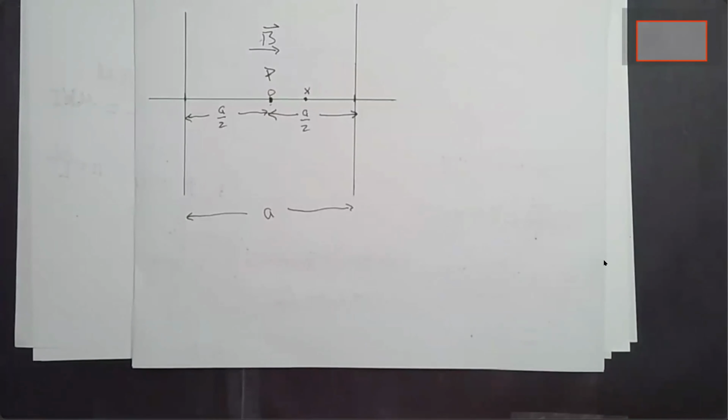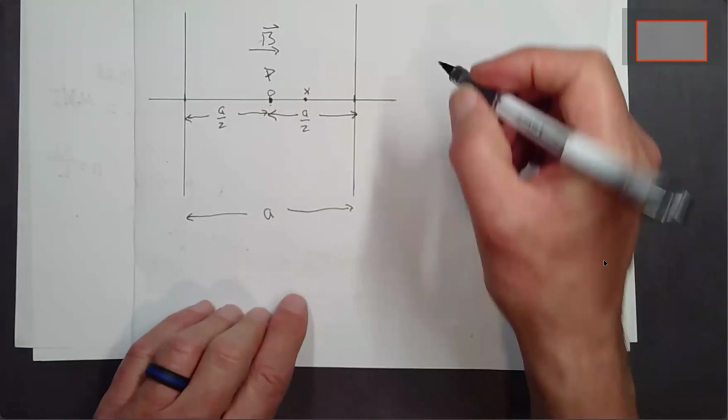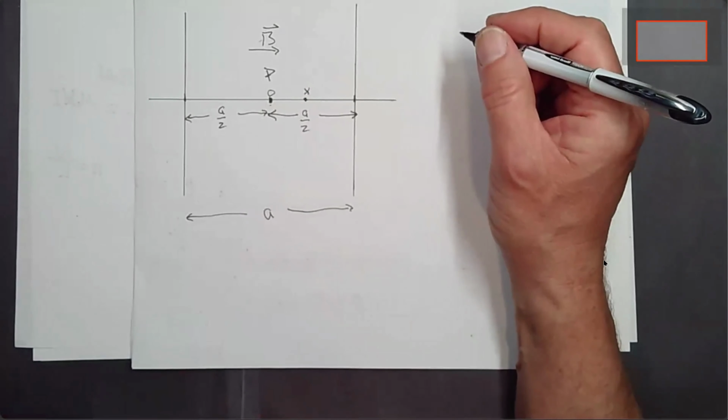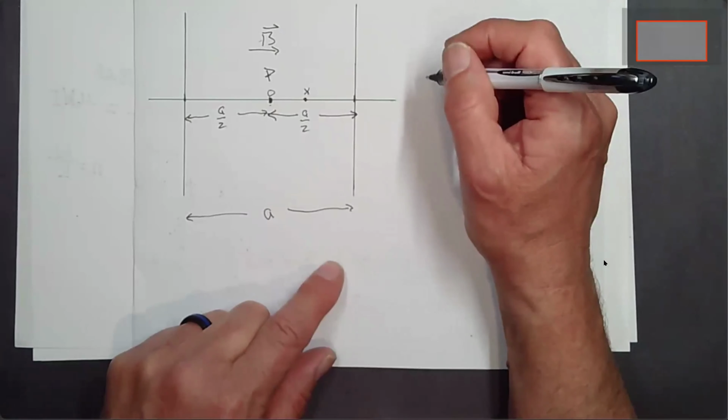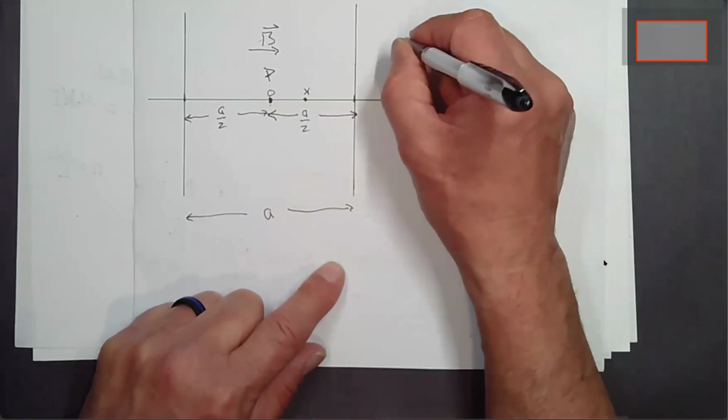All right, well, something we're going to need is the expression for the magnetic field on the axis of a coil. And this is developed in the book, and I talked about it, I think on Monday, did an example problem with that. But it'll be this.